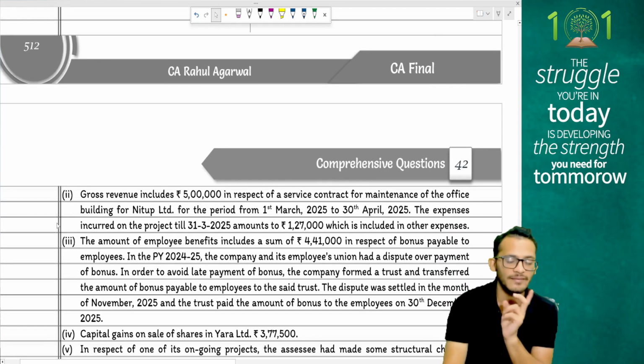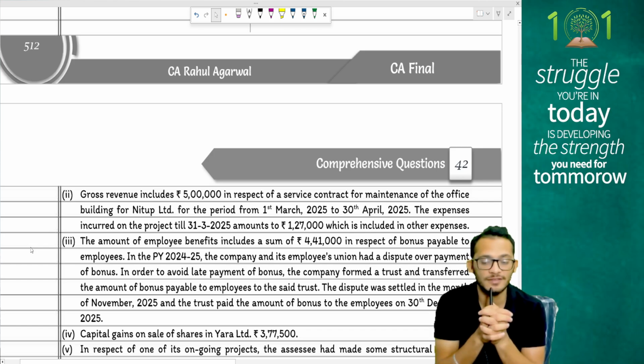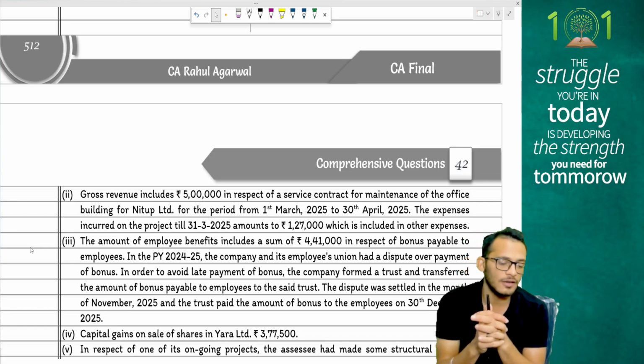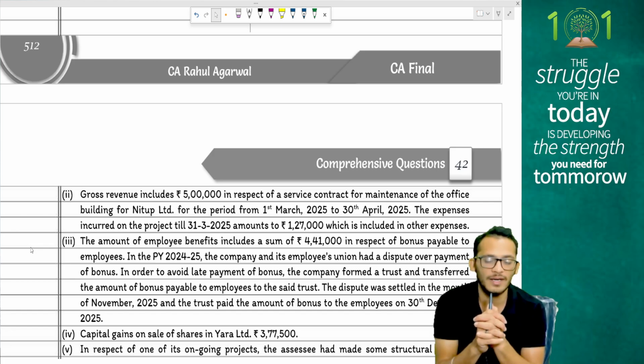Next, gross revenue includes 5 lakh rupees in respect of a service contract for maintenance of the office building of Nitup Limited for the period 1st March 2025 to 30th April 2025. The expenses incurred on the project till 31st March amounts to 1,27,000 and is included in other expenses.